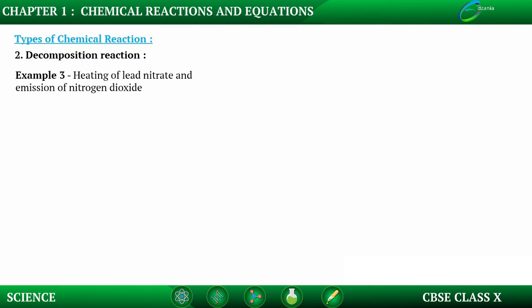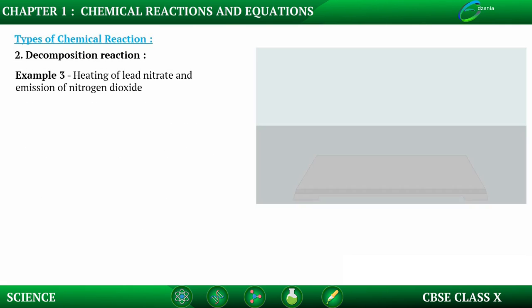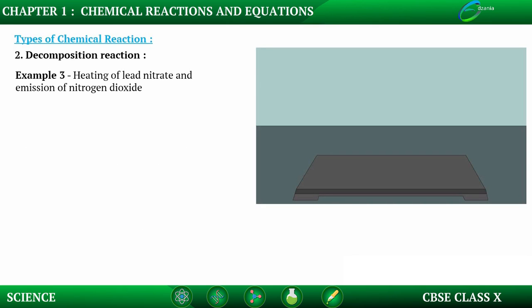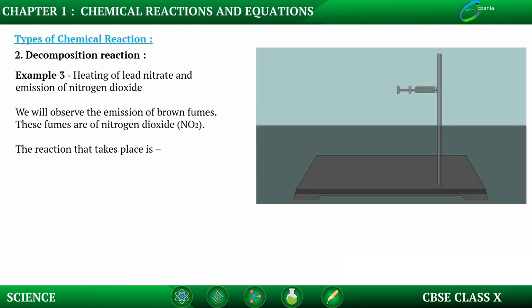Let us consider another example where, when lead nitrate is heated, there is emission of nitrogen dioxide. Consider a stand with a burner and a test tube containing lead nitrate. When this lead nitrate is heated, observe there are fumes formed which are brown in color, which are nothing but nitrogen dioxide.